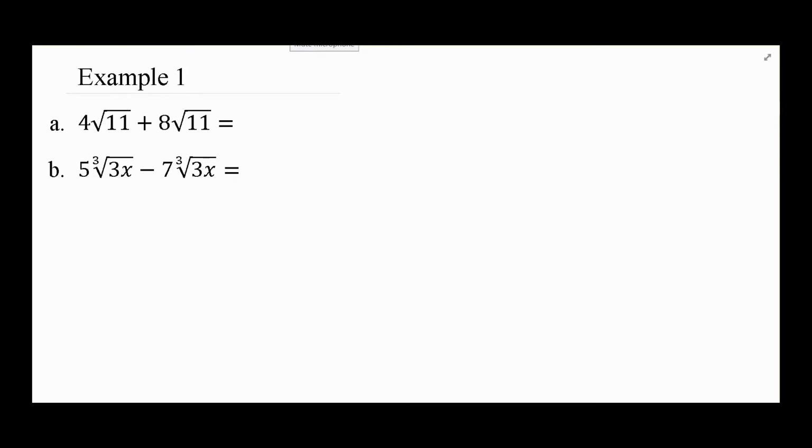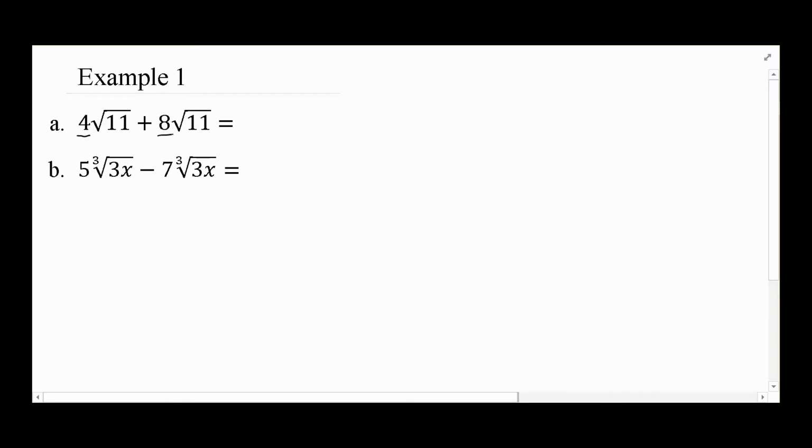So let's take a look at our first example. In option A here, we have 4 square root 11 plus 8 square root 11. We want to first of all identify if these are like radicals. Do we have the same index? Yeah, they're both square roots. Do we have the same stuff underneath the radical? Yeah, they're both square root of 11.